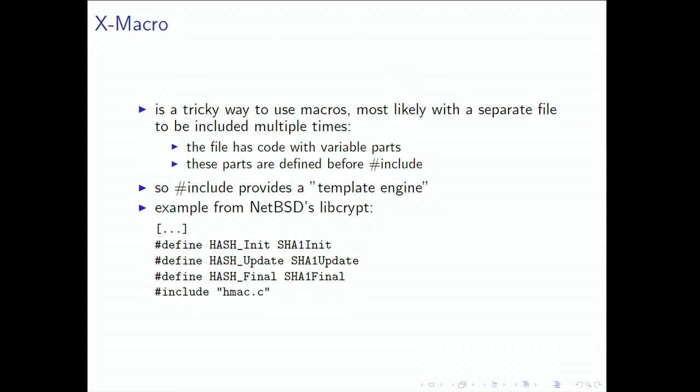Part of the code is put into a separate file, and before including this file, variables are defined, and the file can be used as a template. I saw that in NetBSD, where the macros are included.